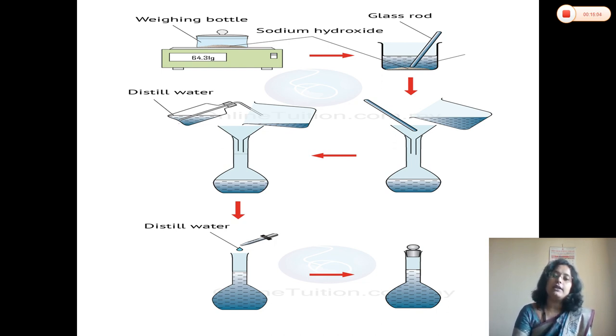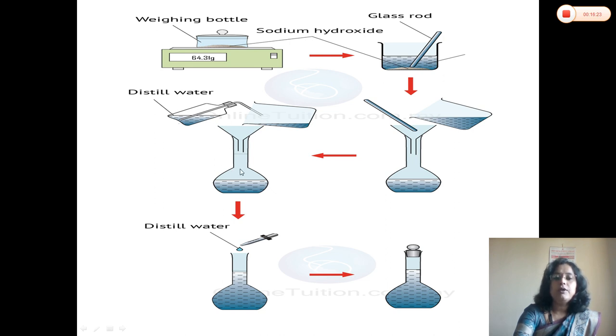solute into the water. When the solute is completely dissolved in the little amount of water, transfer that solution from the beaker into a volumetric flask with the help of a funnel, and then the remaining volume is filled with deionized water.